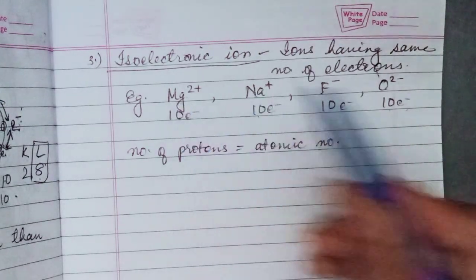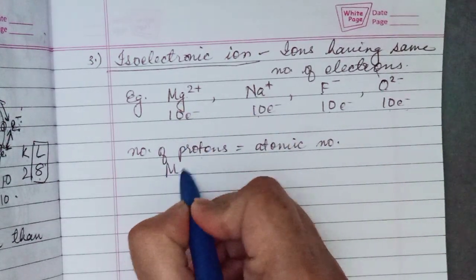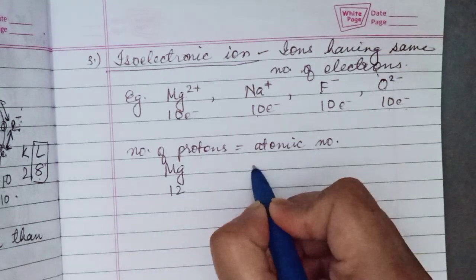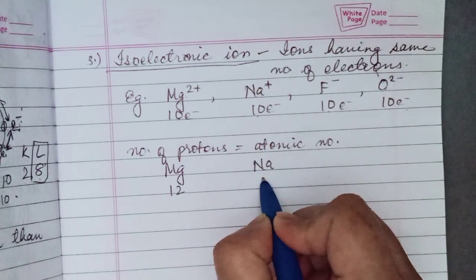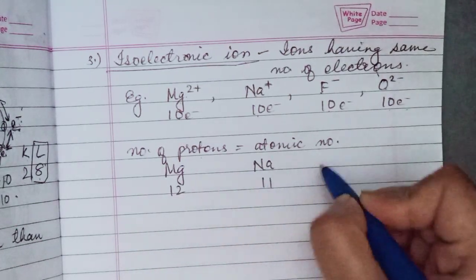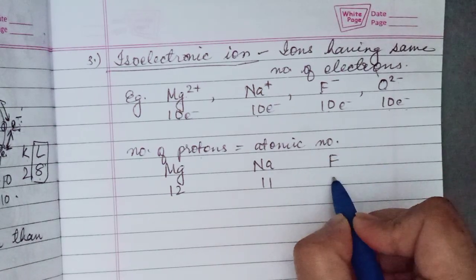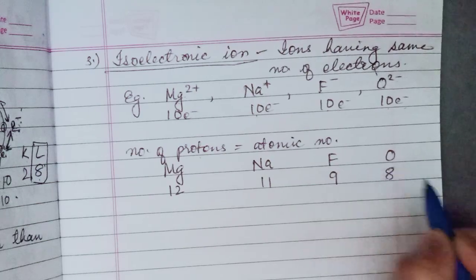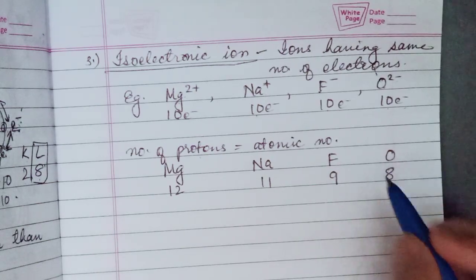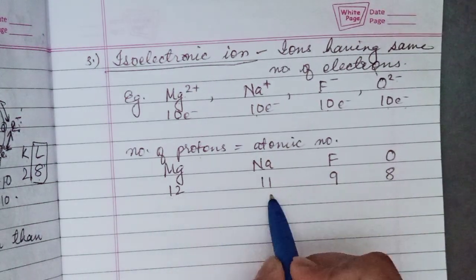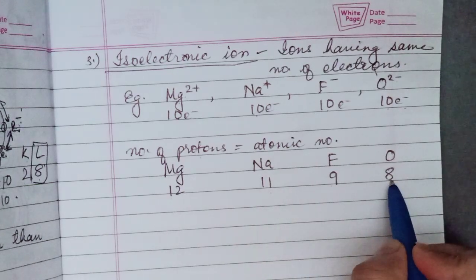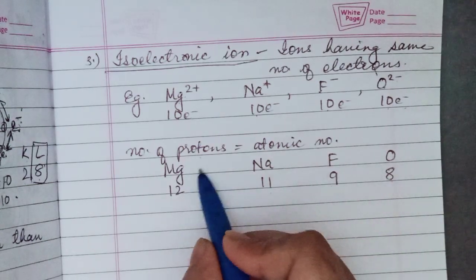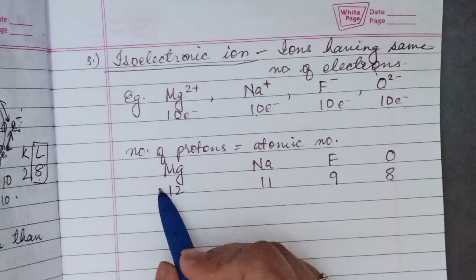So magnesium atomic number is 12, sodium atomic number is 11, fluorine atomic number is 9, oxygen atomic number is 8. These are the number of protons present in each atom.